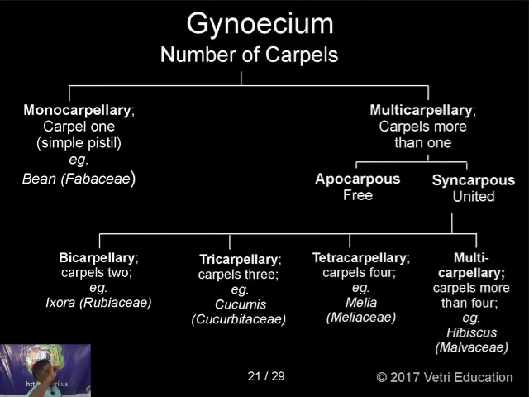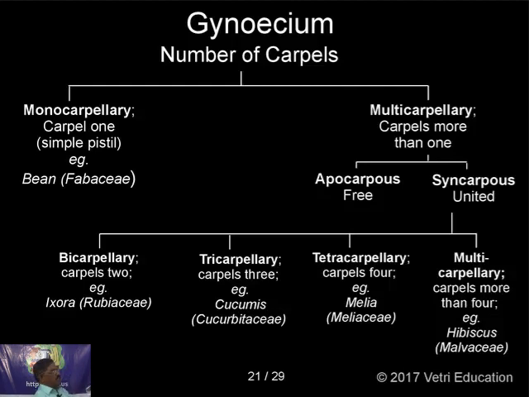So the first one, number of carpels. Inside the ovary you have a number of carpels. If you have only one carpel, that is called monocarpellary ovary, or many carpels, multicarpellary ovary. The monocarpel, the carpel is one. Example, bean. In Fabaceae you can have only one carpel, monocarpellary condition.